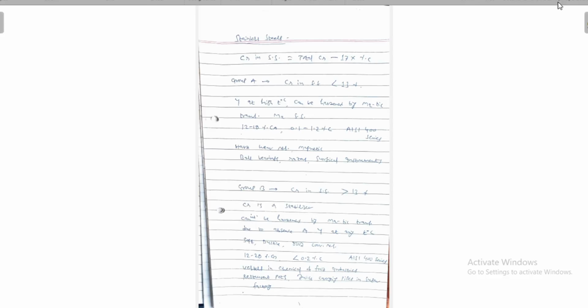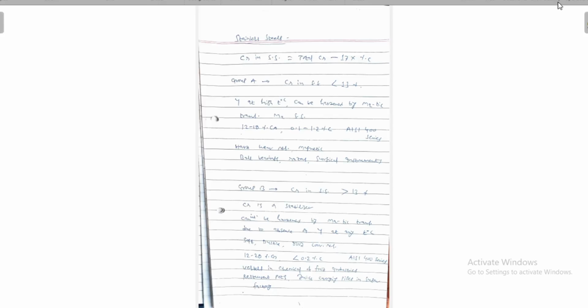So wherever very good softness and ductility is required, apart from very good corrosion resistivity, this ferritic stainless steel can be used. Group B is known as ferritic stainless steel, because right from high temperature up to room temperature, 100% ferrite will remain stable in its microstructure.